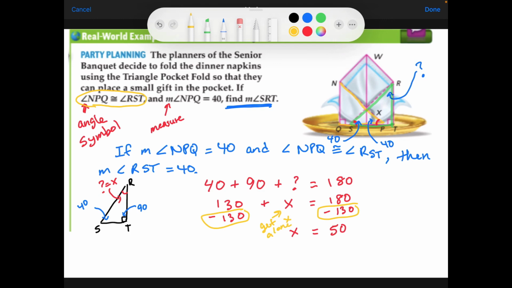Okay, so my final answer is going to be 50. 50 is the measure of angle SRT. I hope this helps.